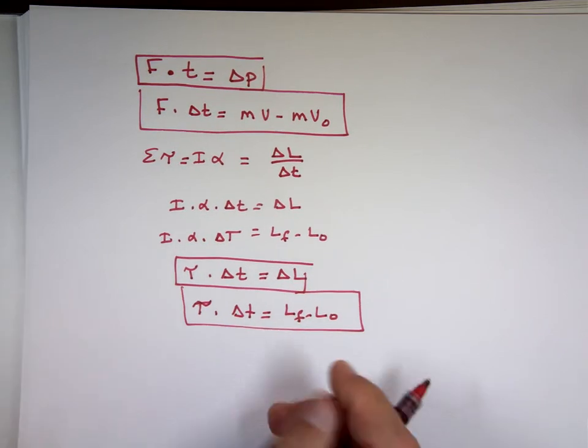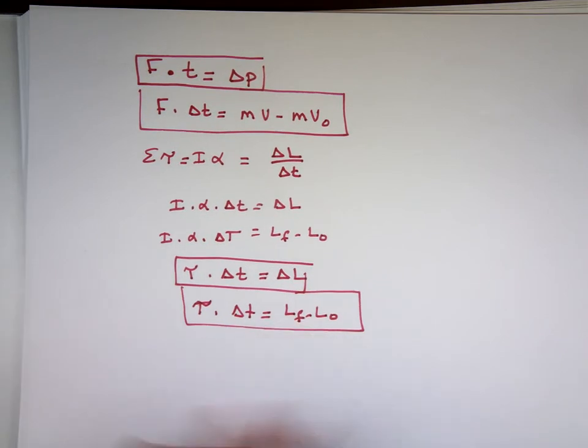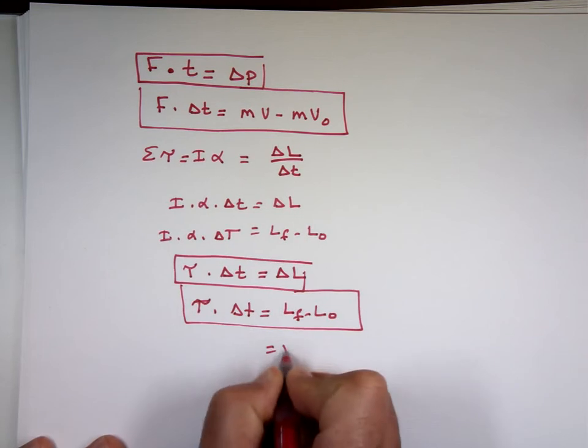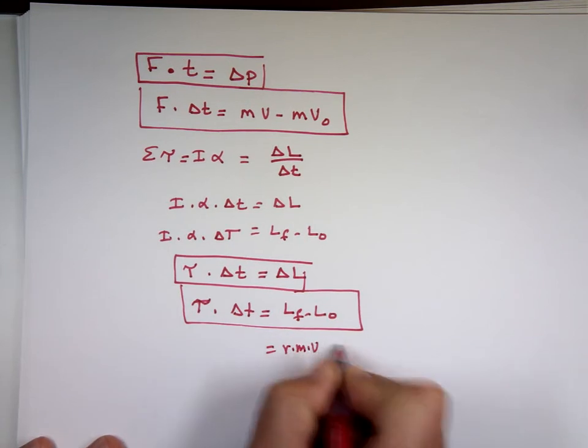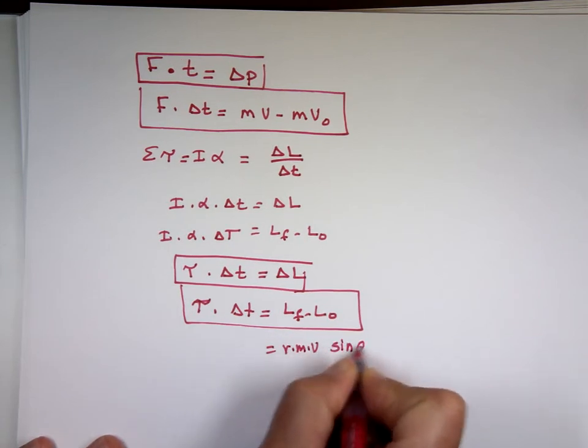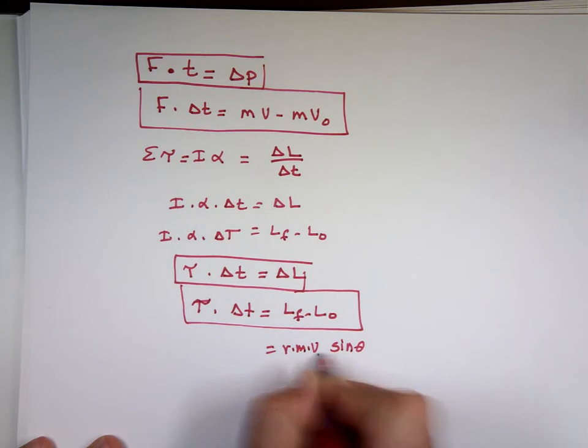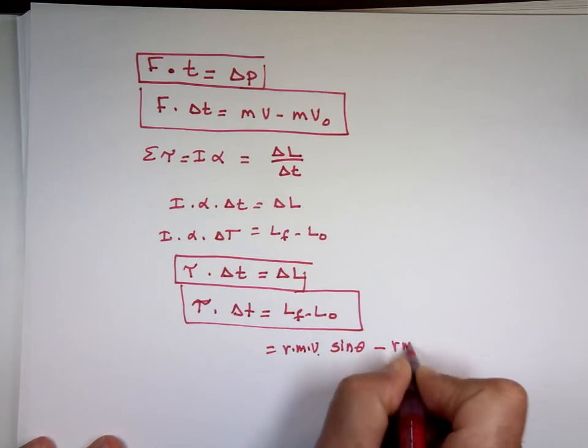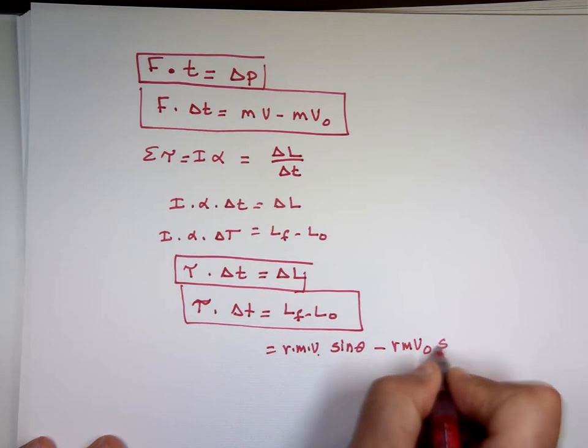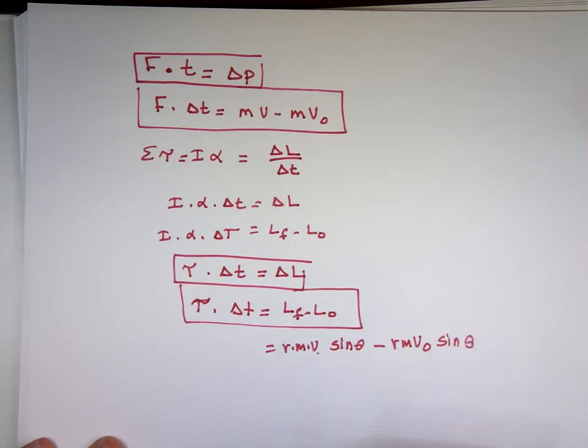And we can calculate L final, depending on whether you have an angle or no angle: r m v sine theta final, minus r m v initial sine theta if you're on an angle there. If there's no angle, you're good there.